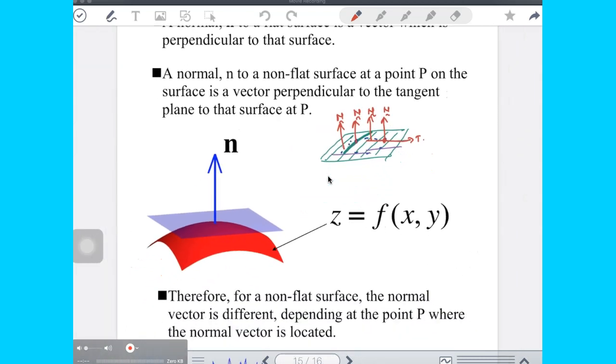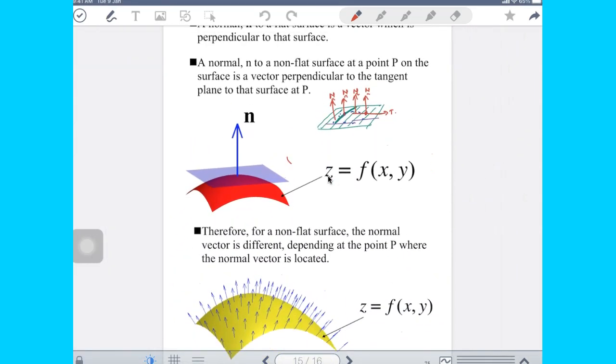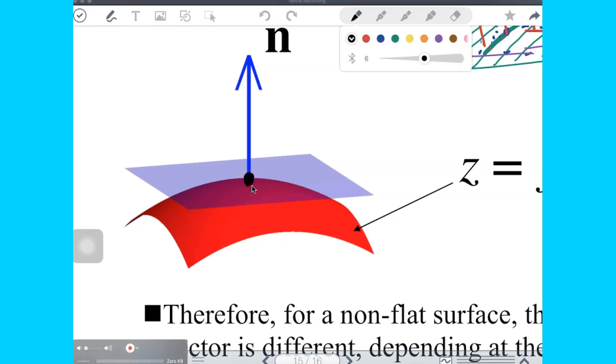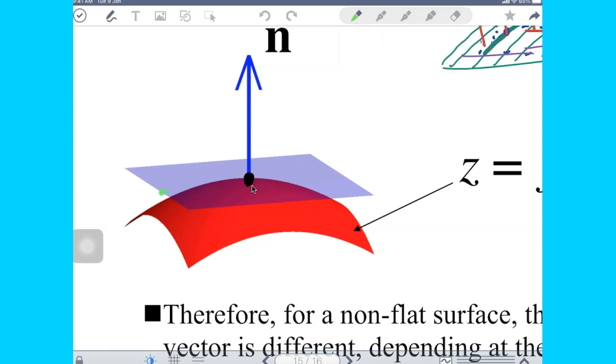But if your surface is something curvy like this, then your normal vector to the surface always changes, depending on the point that you have. Let's say you choose a point over here. At that point you have a tangent line, or you can say a tangent plane, which is parallel to this line.